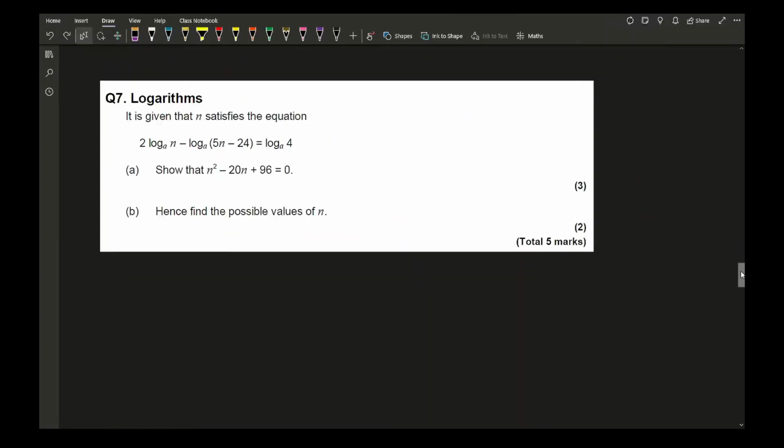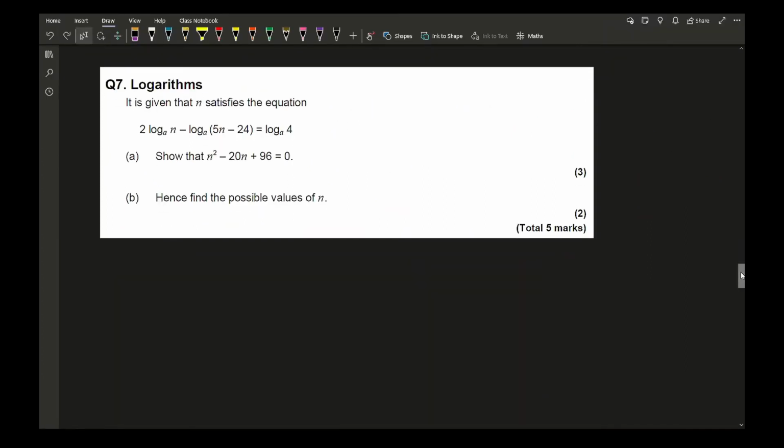Now moving on to question 7, which moves on to logs. So it says, given that n satisfies the equation you can see on the screen, what we need to do is show that we can write this as a quadratic. So first things first, what we're going to do is break this up. So I've got 2 log a n minus log a (5n minus 24) equals log a 4.